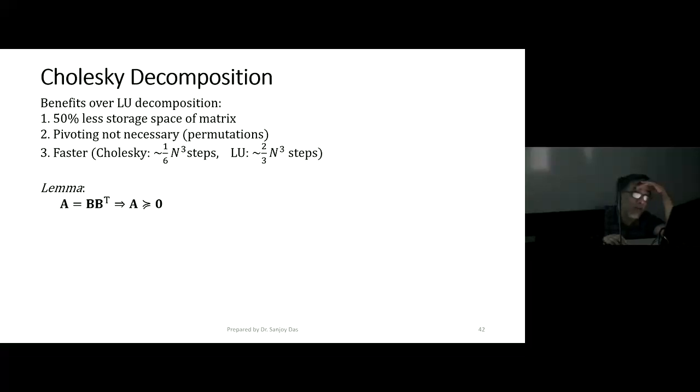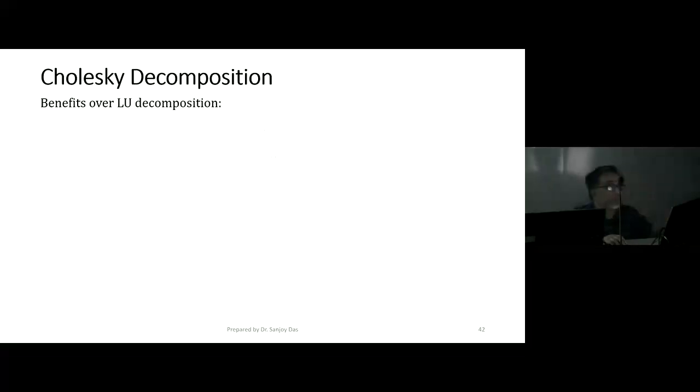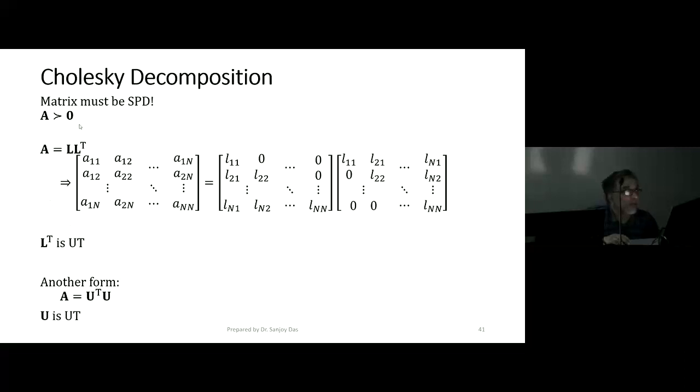But it can only be applied to positive definite matrices. If it's not positive definite, if you apply the algorithm, you'll get imaginary parts. And if it's positive semi-definite, then you'll get a divide by zero somewhere if you apply just the basic Cholesky decomposition algorithm.